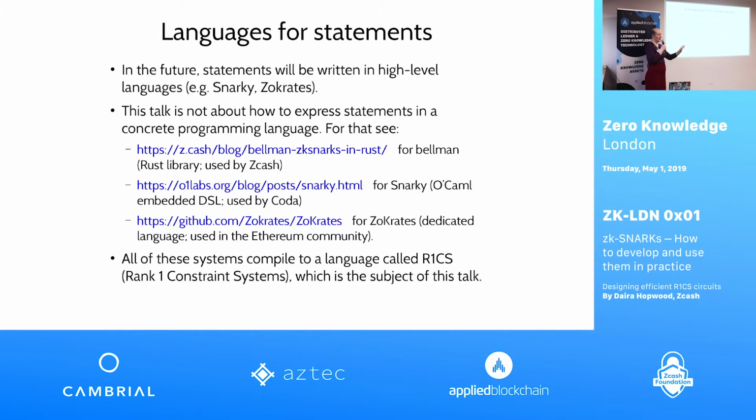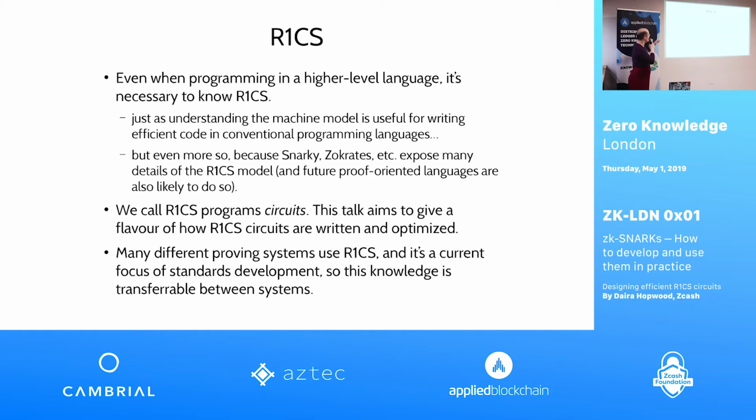The low-level details of the processor architecture don't leak too much into the high-level language, so you can write C and compile it to almost anything. But for R1CS, some of the details of the R1CS layer are going to leak up into these other languages.